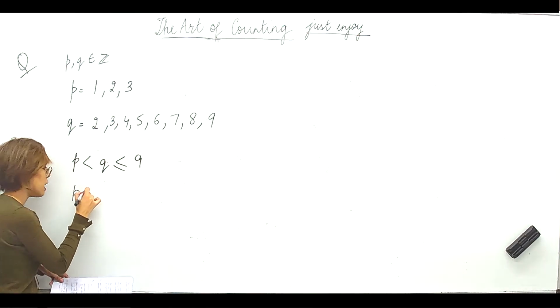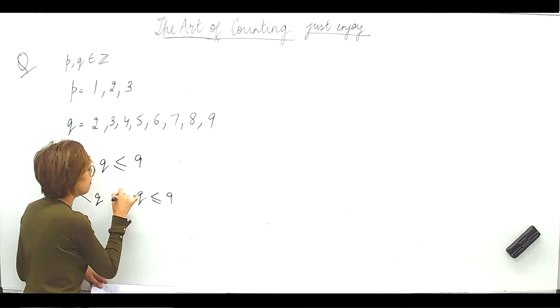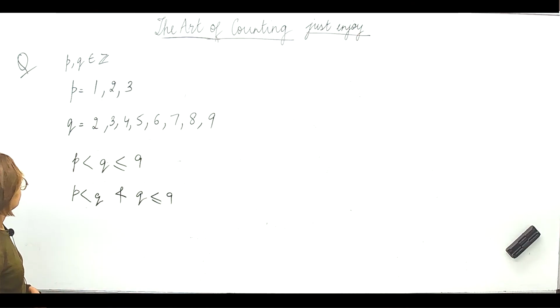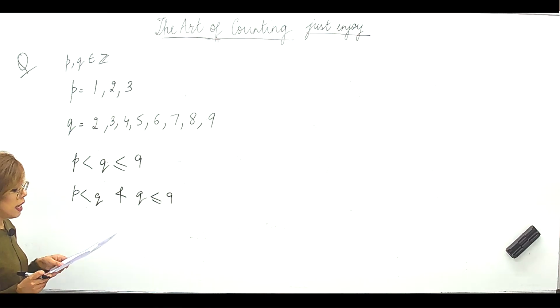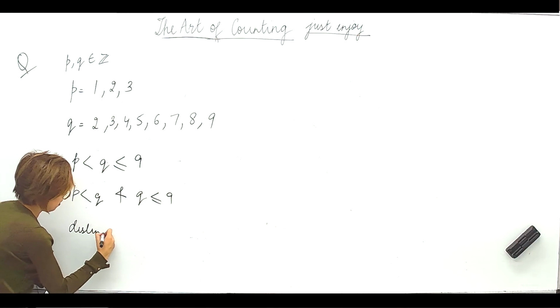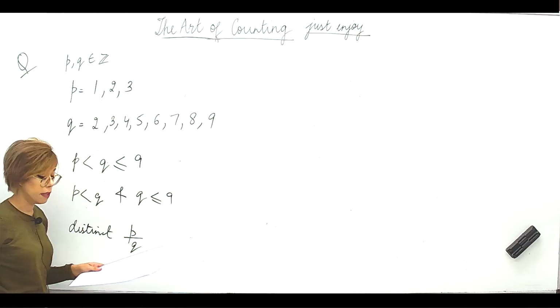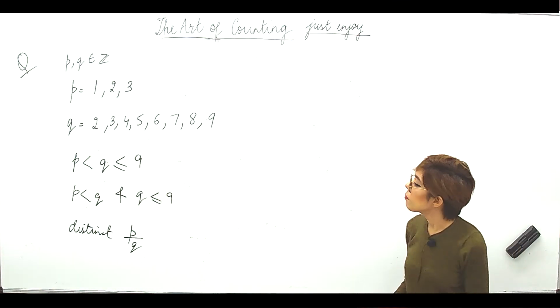So P has to be less than Q and Q has to be less than equal to 9. We understand that. We had already written that earlier. Yes, I was looking at it, what did he say again? Yes, I saw. And he is asking me how many distinct rational numbers of the form P by Q can be formed. Right? Okay. So let's see.